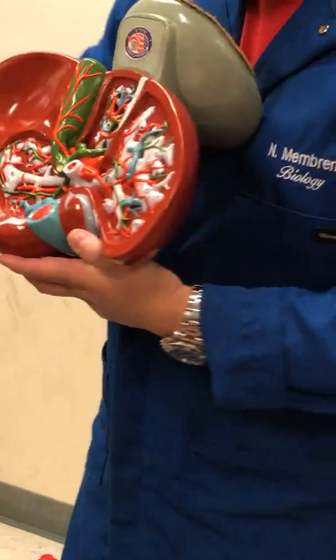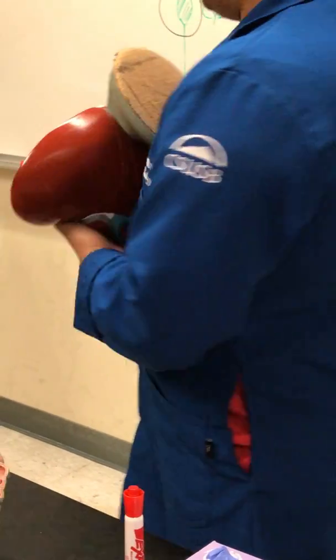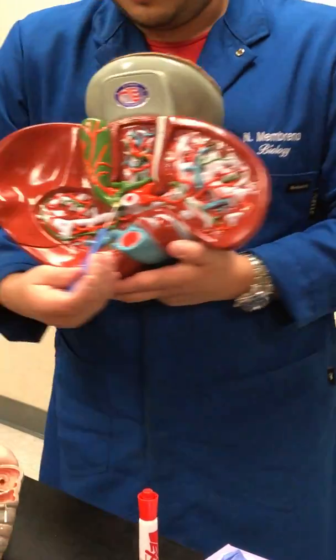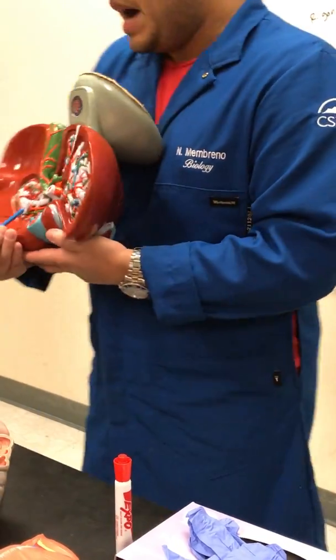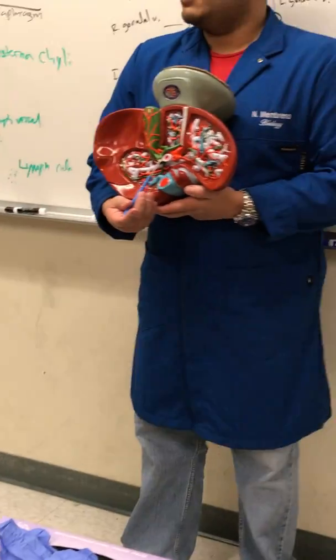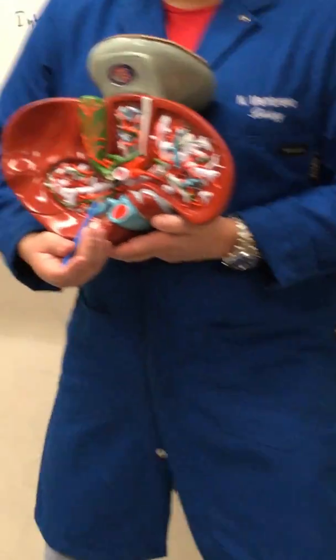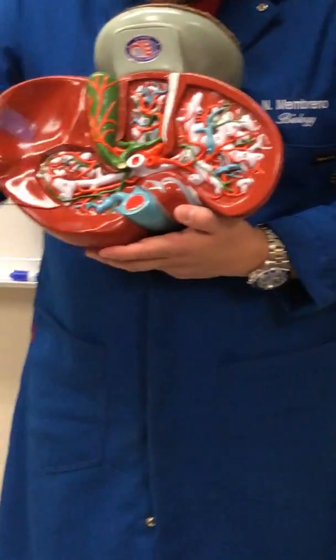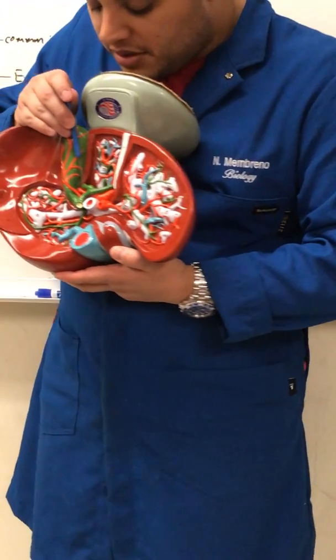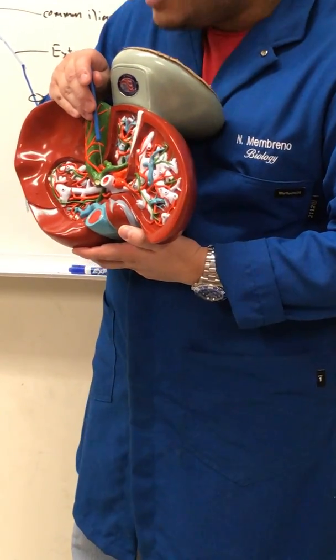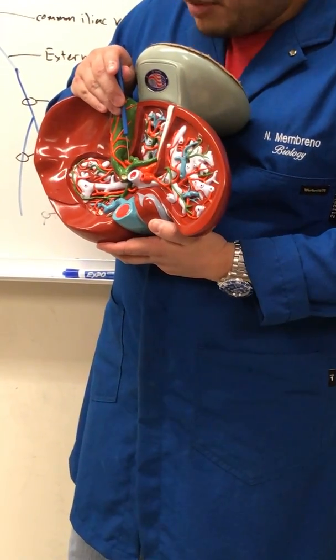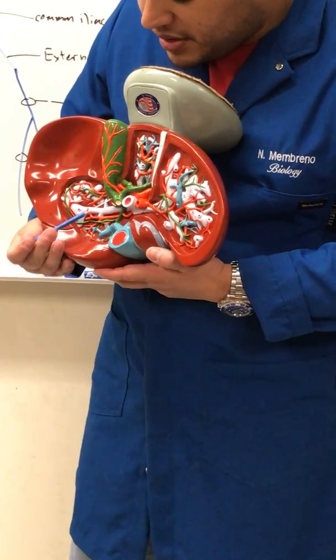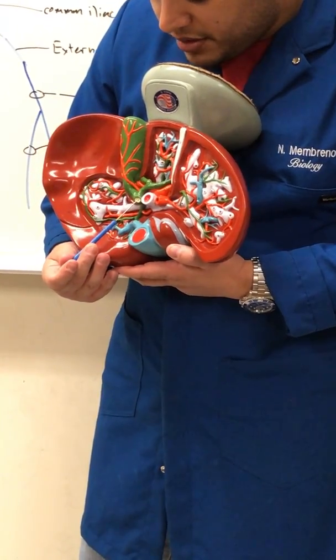Guys, look at the board. This here is the common bile duct. Common bile duct. So: left hepatic, right hepatic, common hepatic, cystic, common bile.